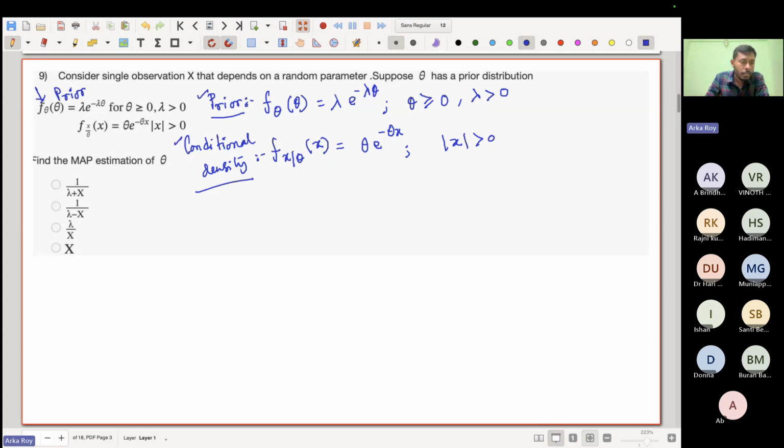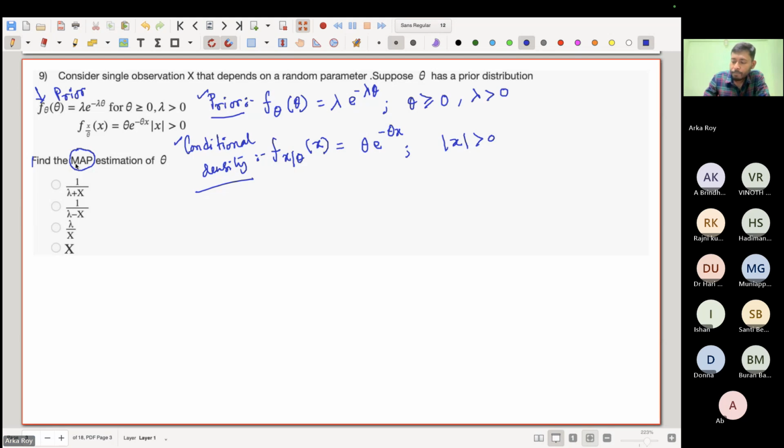Now the question states to find the MAP estimation of theta. MAP stands for maximum a posteriori probability. So we have got the prior as well as the conditional density. So how can we get the a posteriori probability?